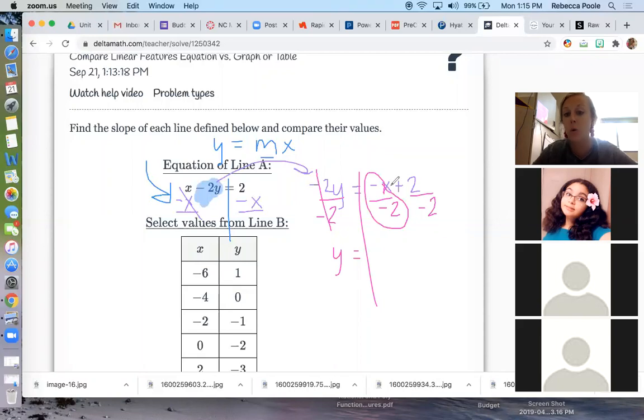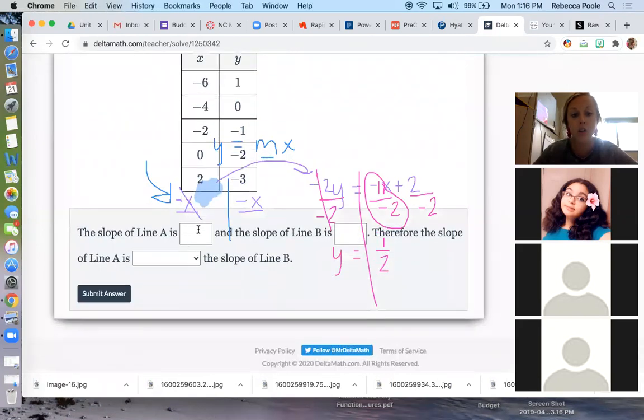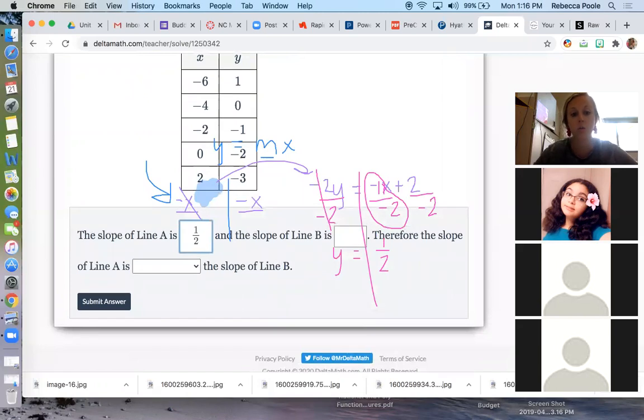Or the number with the x. Well, there's no number up here, so it's an understood what? 1. Okay, so what is negative 1 over negative 2? Positive 1/2. So you should have gone down to the bottom, and for the slope of line A, you should have typed in 1 over 2. And it is positive. If you put a negative tomorrow, I got to take points off.